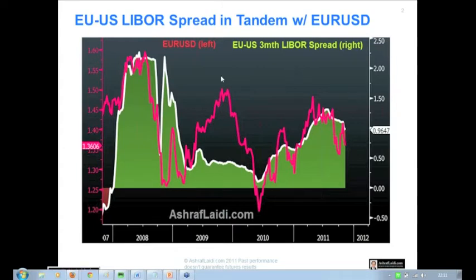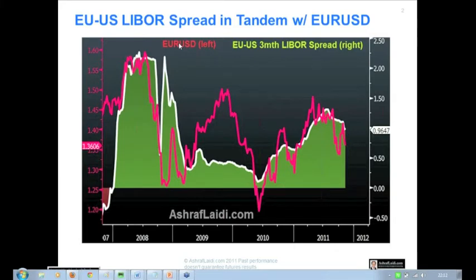So this LIBOR here, ladies and gentlemen, the green one or the white one, is the difference between the Euro LIBOR minus the US LIBOR. Euro LIBOR is higher than US LIBOR for various reasons, but the Euro minus the US LIBOR gives you a number. That number is the spread, which is this line here. As that number goes up, the euro goes up, meaning the US LIBOR is cheap, nobody wants it and nobody asks for it.